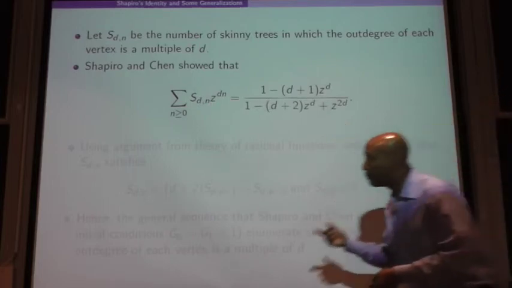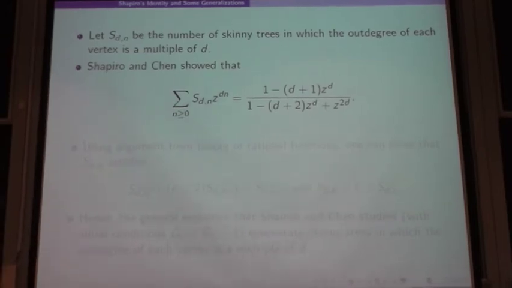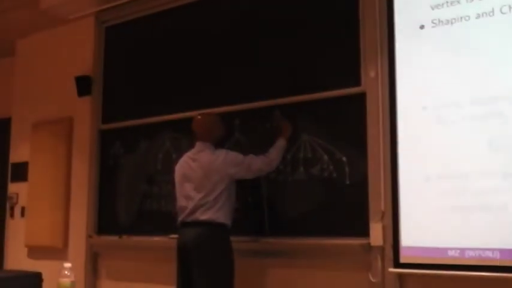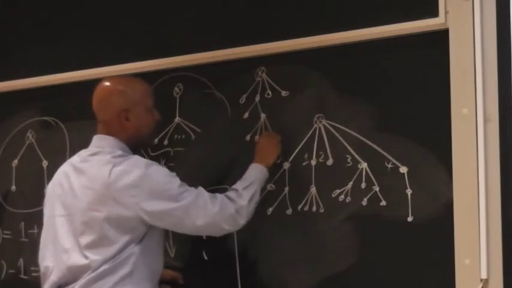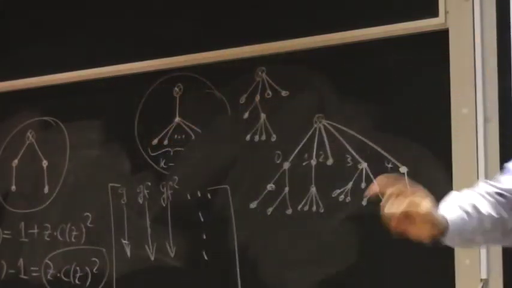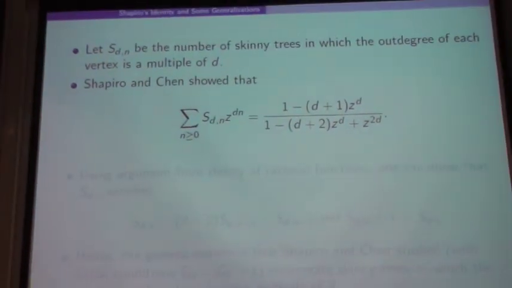With D equals 2, an example is this. At each level, you can have only one vertex that can have children, but the number of children must be a multiple of 2.